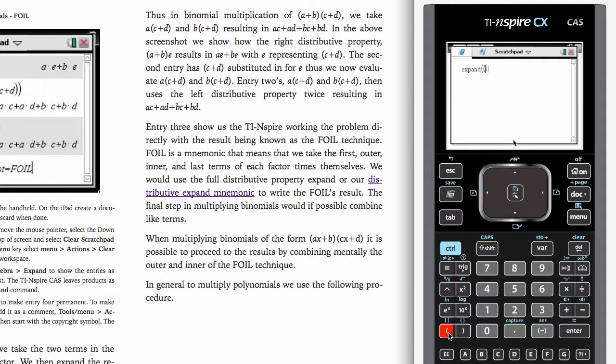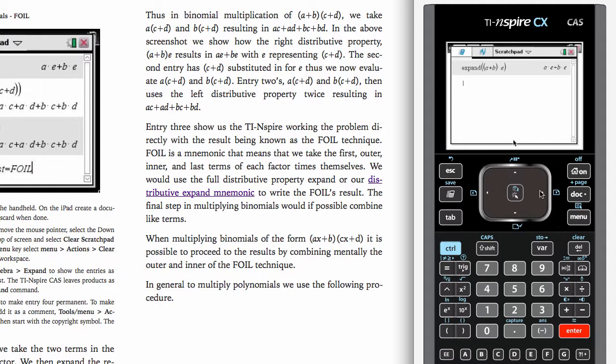So when we put in a set of nested parentheses, we put in then A, add B. We want to make this times E, so we're going to move over and we're going to put the E in, and then we'll press enter.